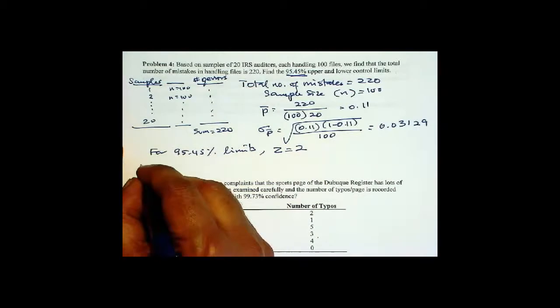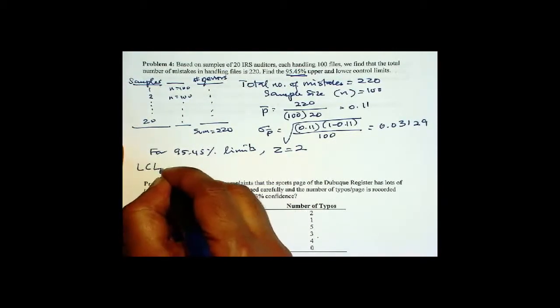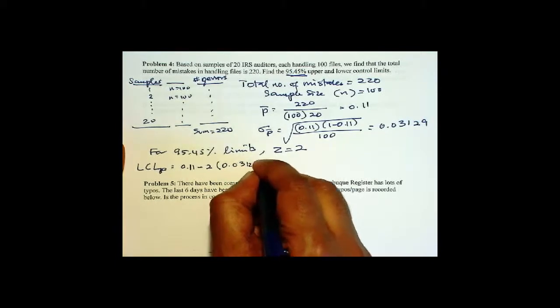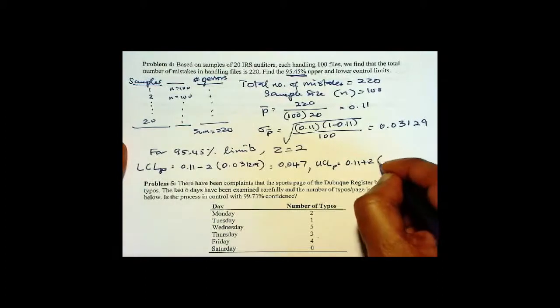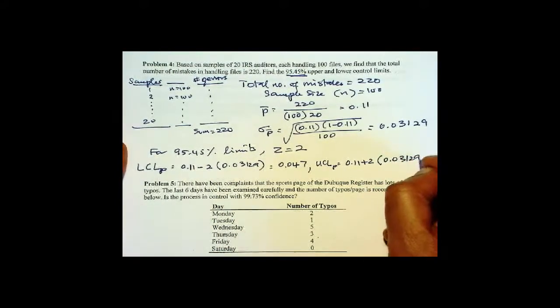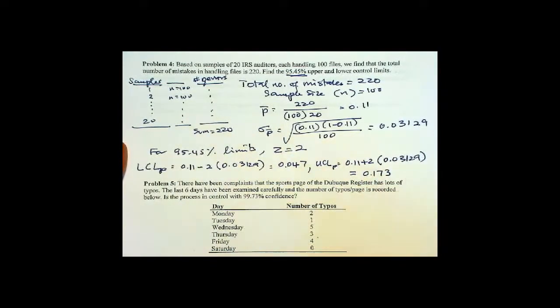So the lower control limit for P is 0.11 minus 2 times 0.03129, and that is equal to 0.047, and the upper control limit for P is 0.11 plus 2 times 0.03129, and that is equal to 0.173.